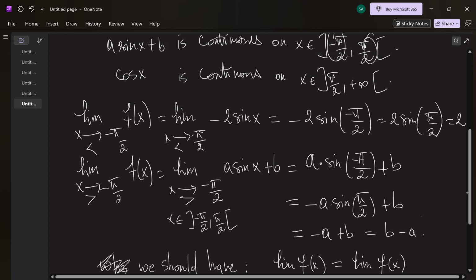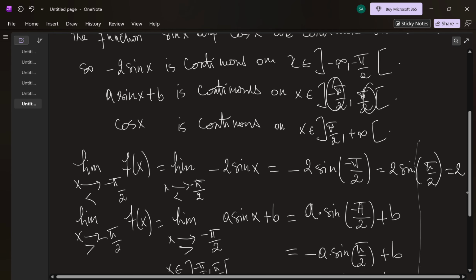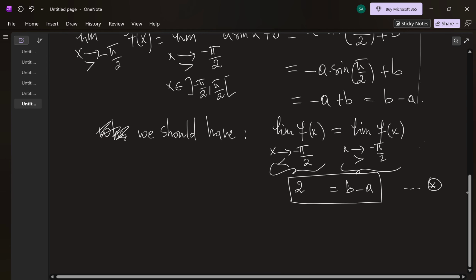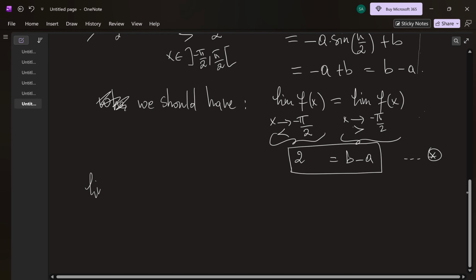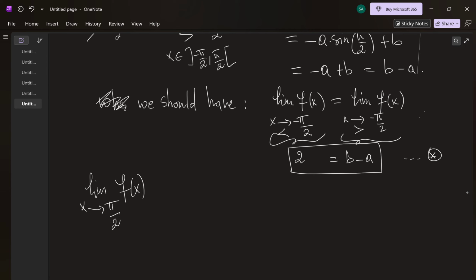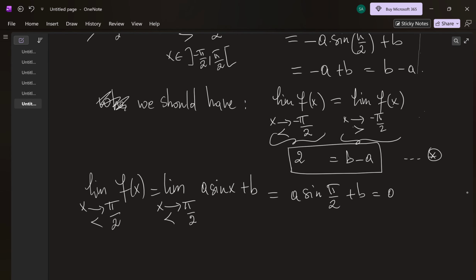Now we will calculate the limit from the left and right at p over 2. So the limit when x goes to p over 2 of f of x from the left is equal to the limit of a times sine x plus b, which is equal to a sine p over 2 plus b, which is equal to a plus b.